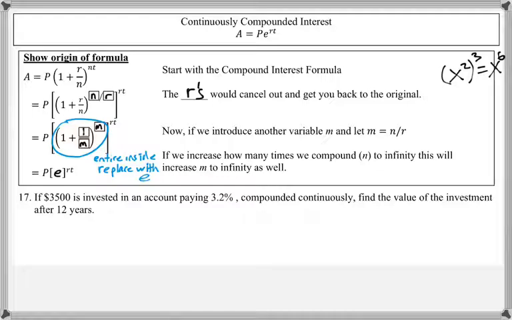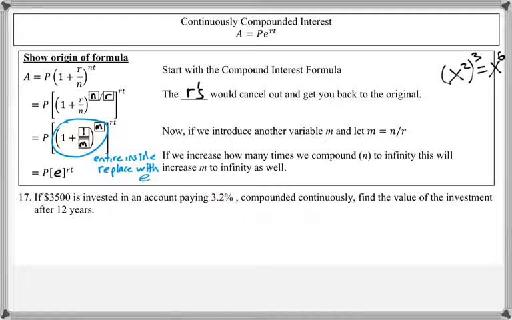So you're really just taking the existing compound interest formula, kind of manipulating the variables a little bit, but then just increasing the number of compounds to infinity.